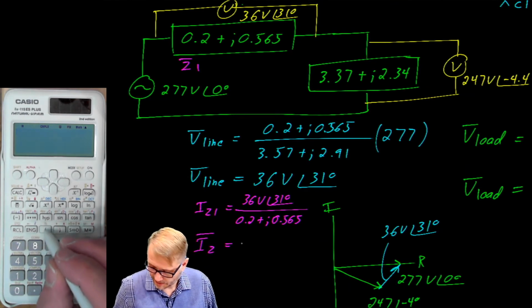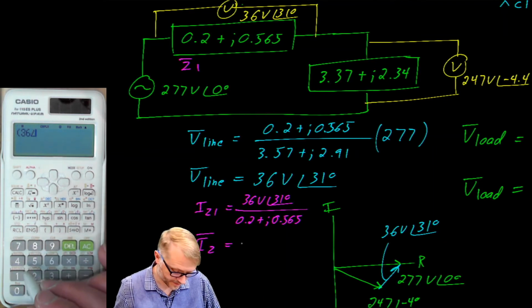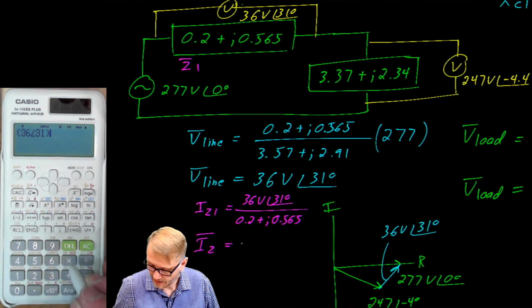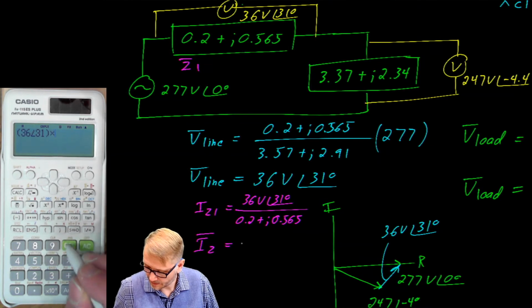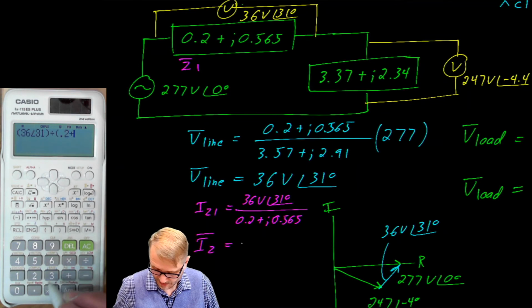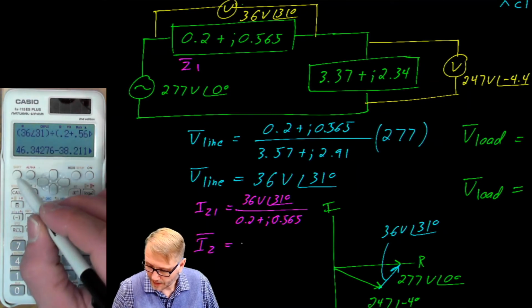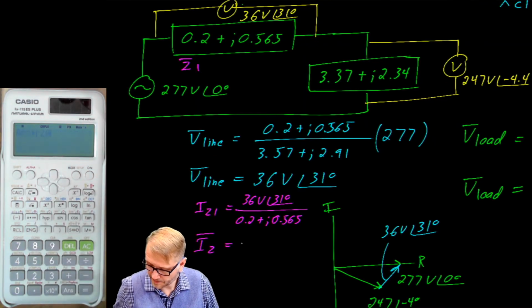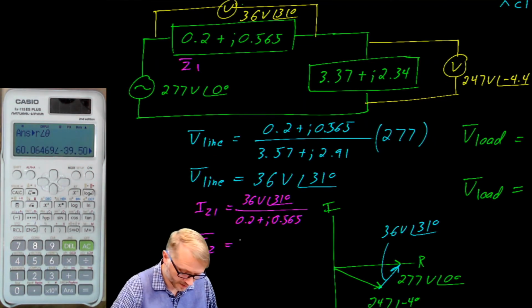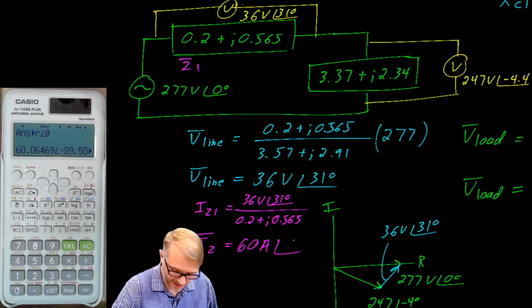That works out to (36 at a phase angle of 31 degrees) divided by (0.2 + 0.565j), and polar form, please. So that's 60 amps at a phase angle of -39, I will call it -40 degrees.